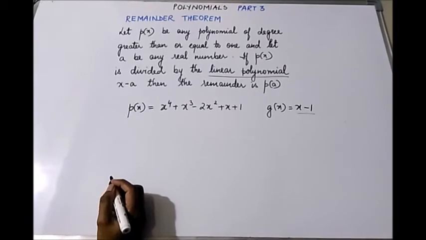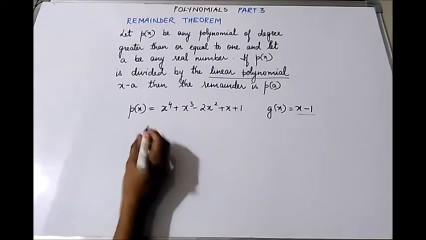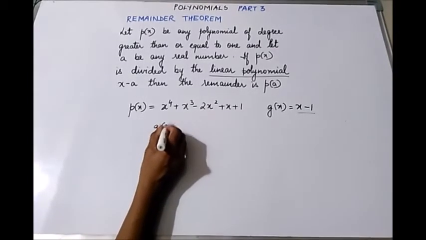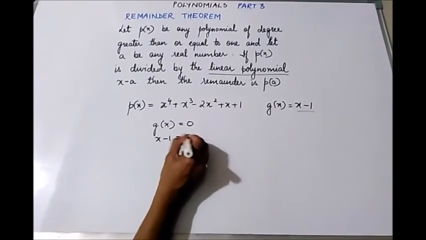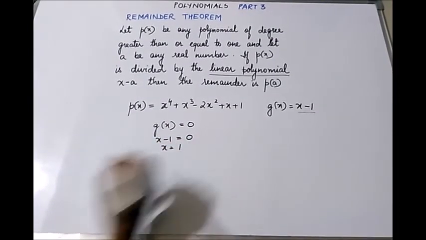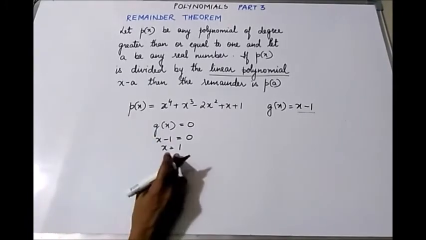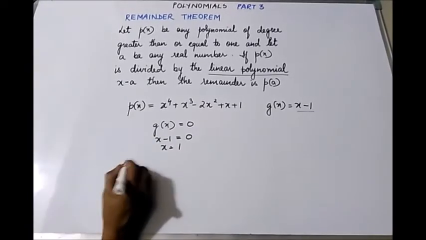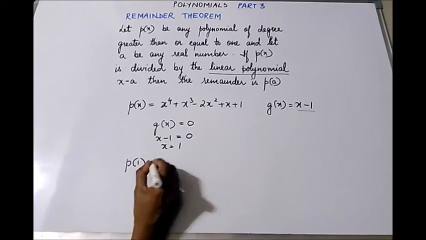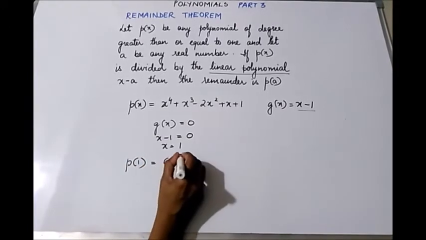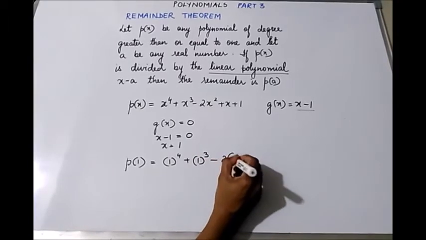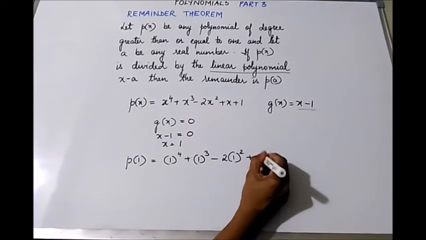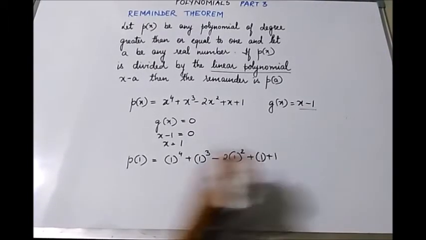In remainder theorem, first we have to find the 0 of the divisor, that is, we should write g of x equal to 0. Therefore, x minus 1 equal to 0, x equal to 1. Now, in place of x, we should write 1 in the given dividend. This will give us 1 the whole raised to 4 plus 1 the whole raised to 3 minus 2 into 1 the whole raised to 2 plus 1 plus 1.